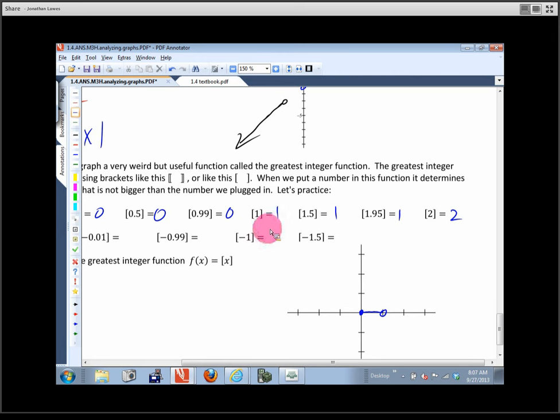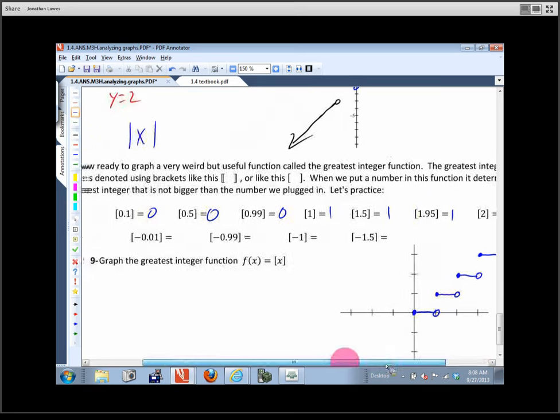It was 1. So we come up here and we've got a point right there. And what happens everywhere in between 1 and 2? It's always 1. And then the second we get to 2, it jumps up here to 2. And it just continues on in this fashion. Okay? So a lot of times we'll call this a step function for good reason, because it looks like steps.